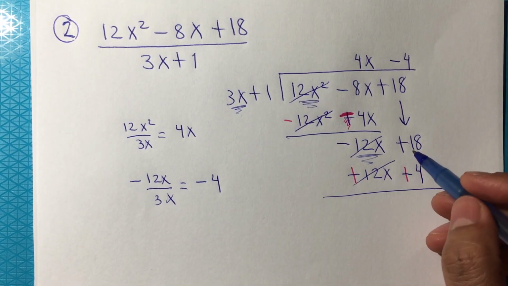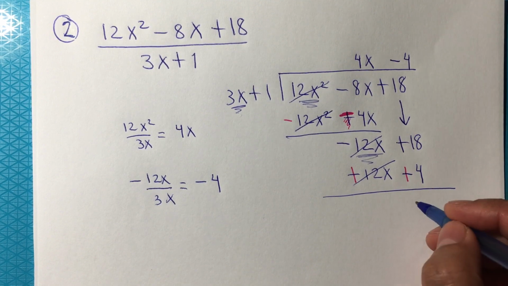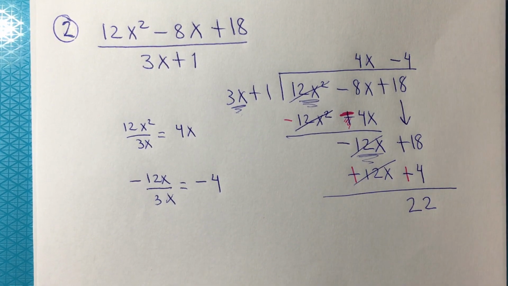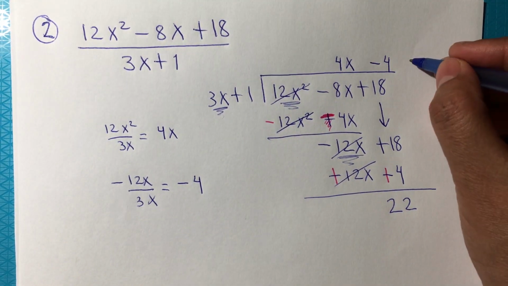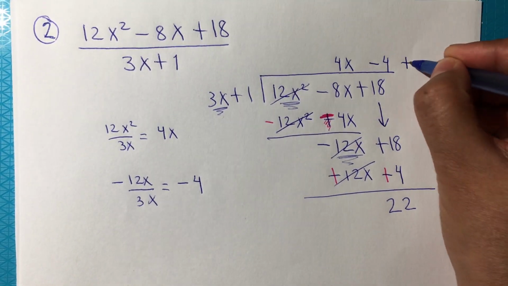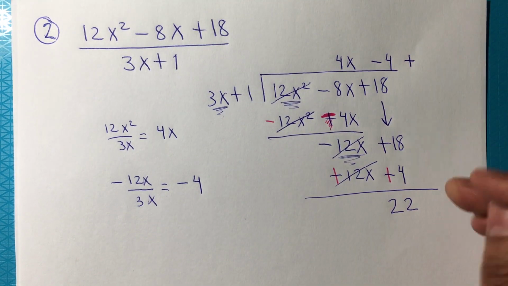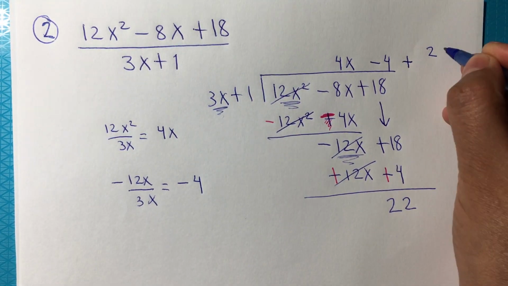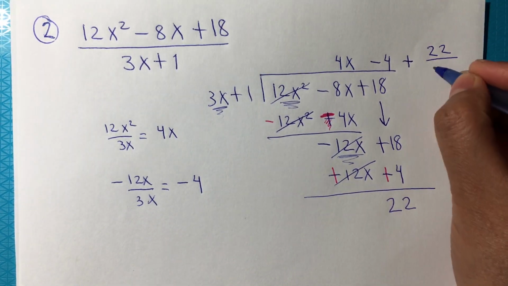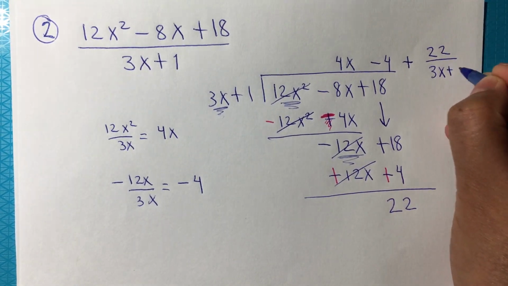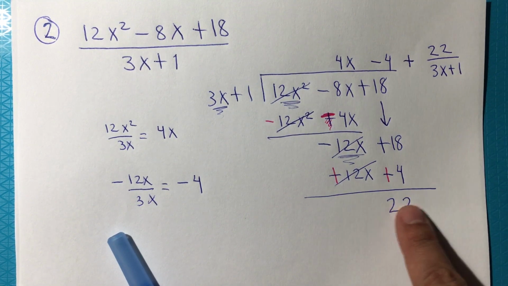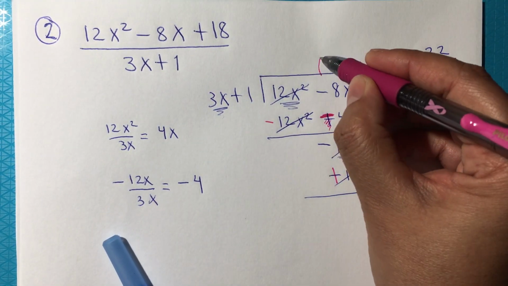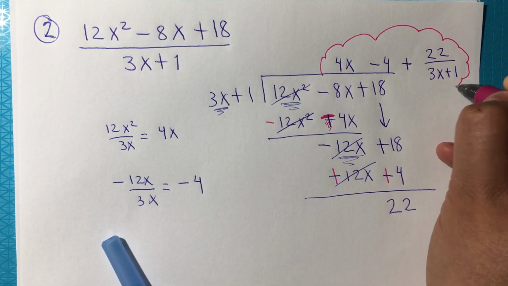This cancels, and positive 18 and positive 4 is positive 22. That's my remainder. So my solution, you're going to place it, since it's positive, you put plus. If it was negative, you put minus, and then put this divided by this as a fraction. So 22 over 3x plus 1. Okay, just put this over the divisor.